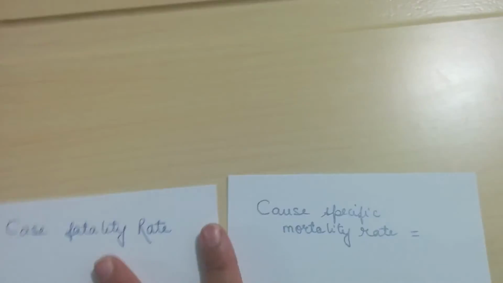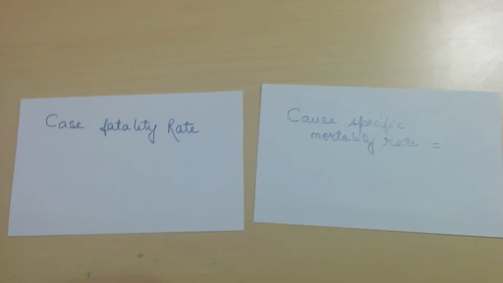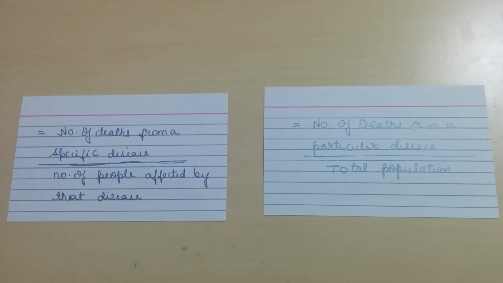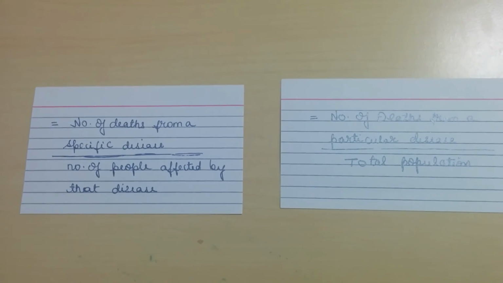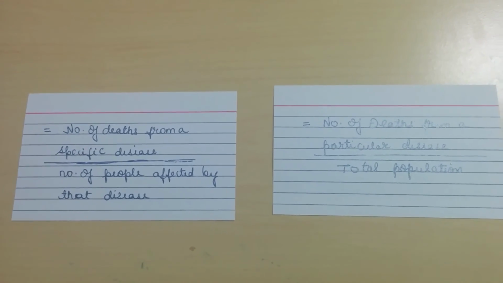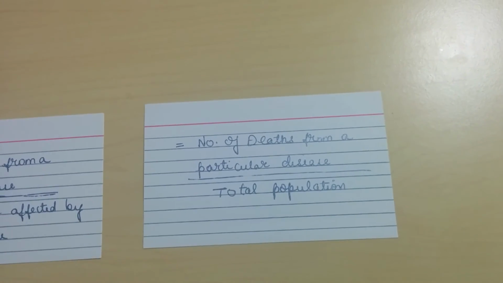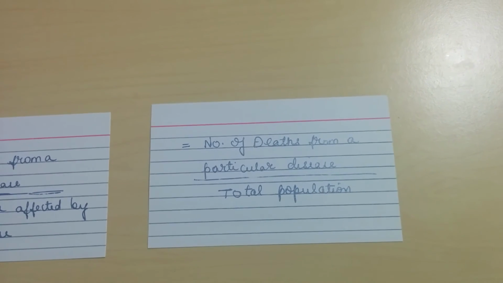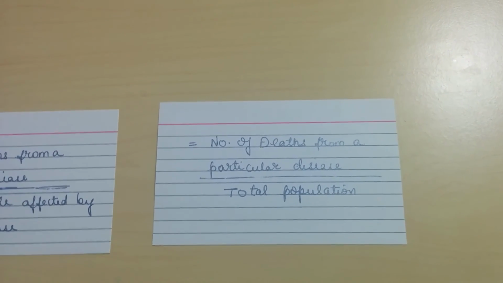Then the case fatality rate. So case mortality rate is different from case fatality rate. Case fatality rate is the number of deaths from a specific disease over the number of people affected by that disease, and case mortality rate is the number of deaths from a particular disease divided by the total population.